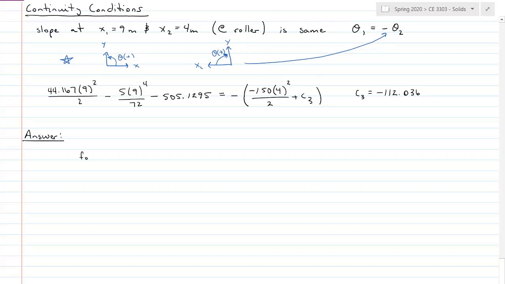So for 0 less than or equal to x1 less than or equal to 9 meters, V1 EI, lowercase v, vertical deviation, is equal to 7.36 x1 cubed minus 0.0139 x1 to the 5th minus 505 x1, and you will be in Newton meters cubed.